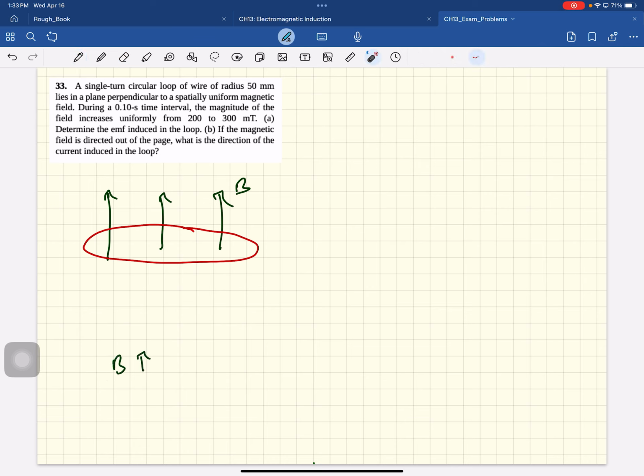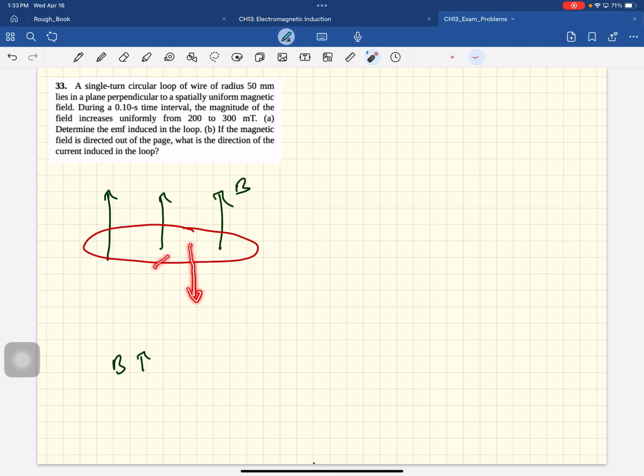So what will be the direction of the induced current? Can you guys figure it out? The field is increasing. So the induced current should be such that, what does Mr. Lenz say? The induced current should oppose this change. So you want to produce a magnetic field in that direction.